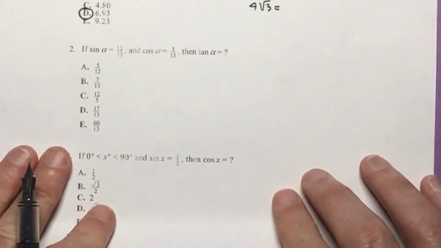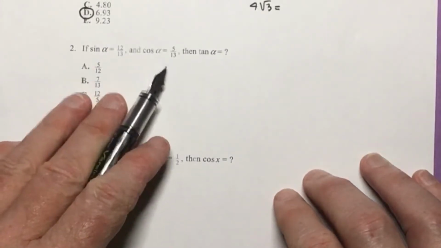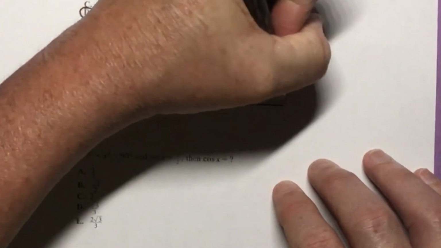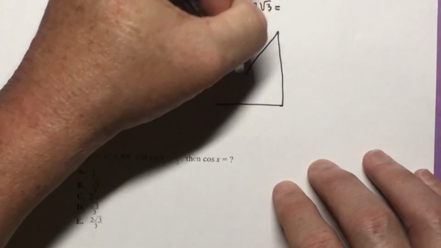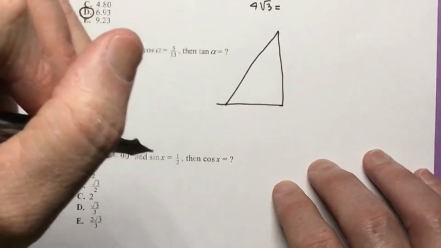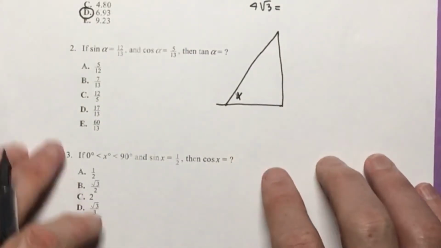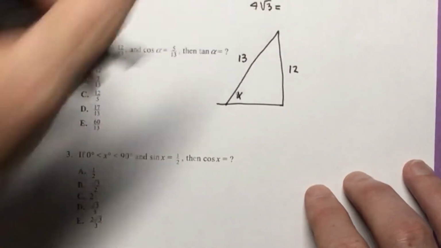Number 2. If the sine of alpha is 12/13 and the cosine of it is 5/13, then alpha is, okay, well, let's just work it out here. This is not going to be drawn to very good scale, but nonetheless, there's my alpha. Sine is opposite over hypotenuse, so the sine of alpha is opposite 12 over hypotenuse 13.